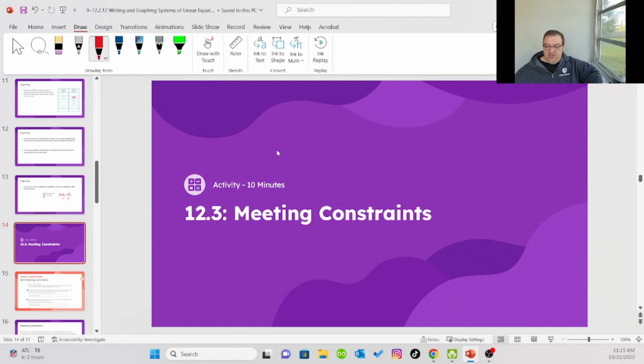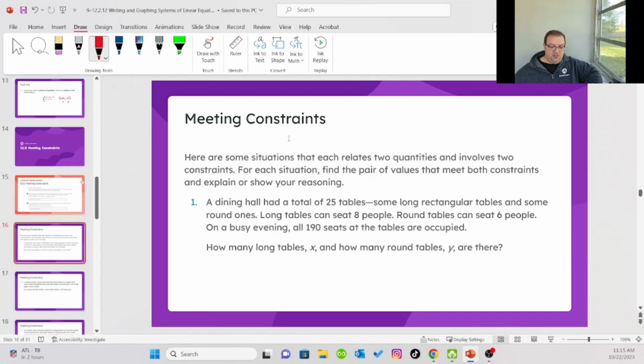Our next activity is 12.3, meeting constraints. Here are some situations that each relates to quantities and involves two constraints. For each situation, find the pairs of values that meet both constraints and explain or show your reasoning.